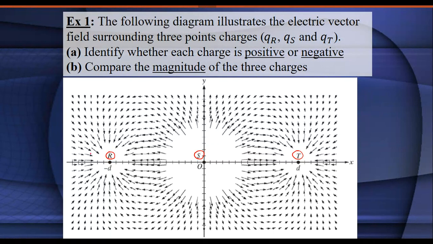So if I look at the picture here, it looks like the space around QR and around QT are about equal, and there's much more space around QS. So that means that QS would actually be the largest magnitude of charge because it has the most empty space around it.